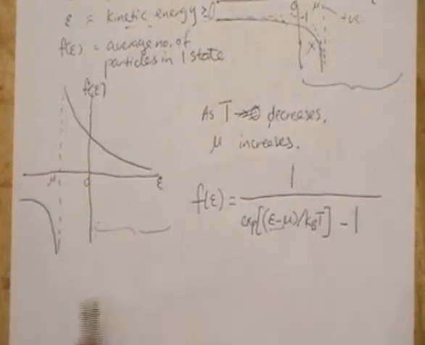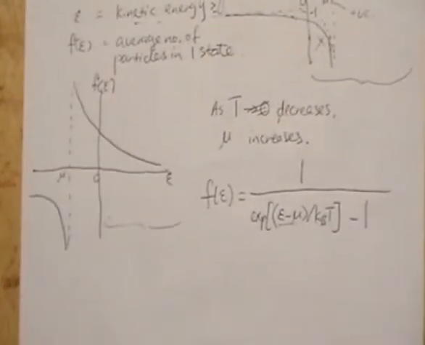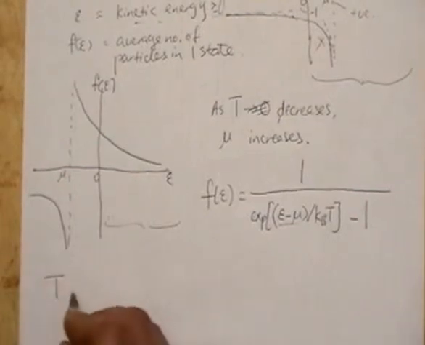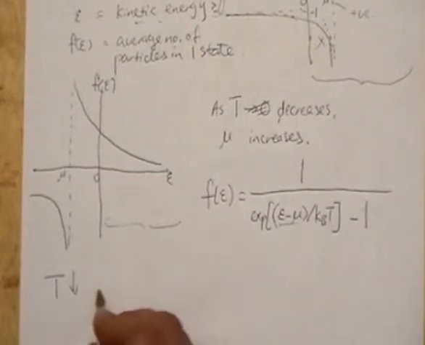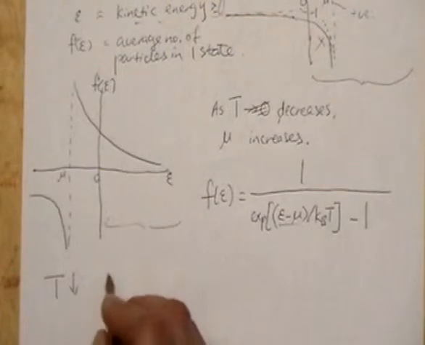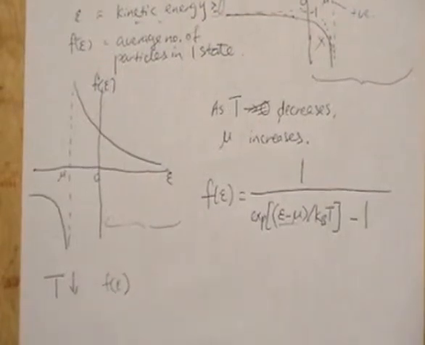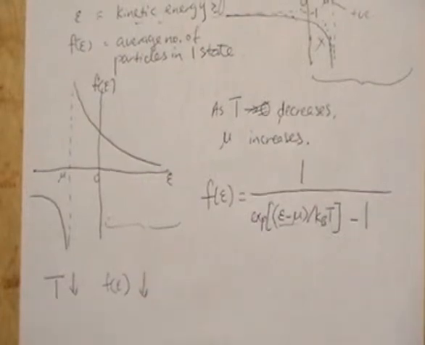Right? So let me write this out. So we are seeing that as T decreases, Fe decreases.